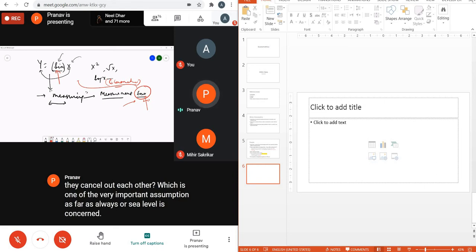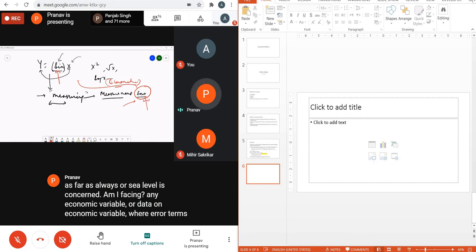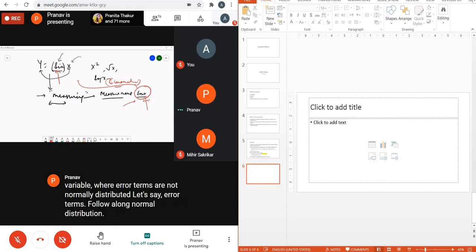Am I facing data on an economic variable where error terms are not normally distributed? Let's say error terms follow a log normal distribution. So what kind of exact or theoretical distribution your error terms have precisely defines which kind of econometric model you should or should not use.